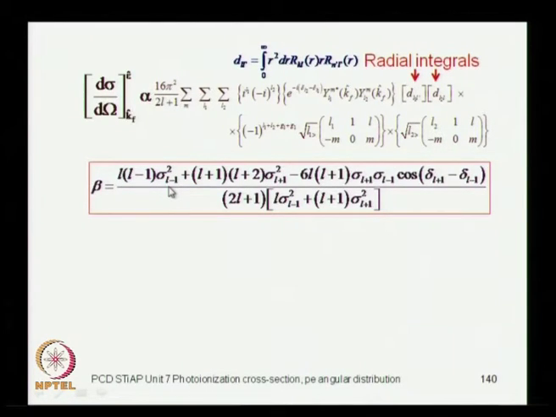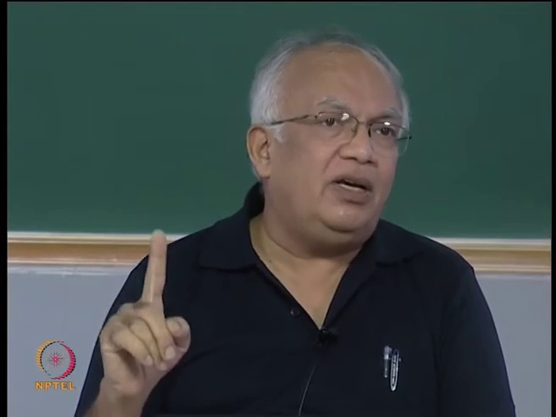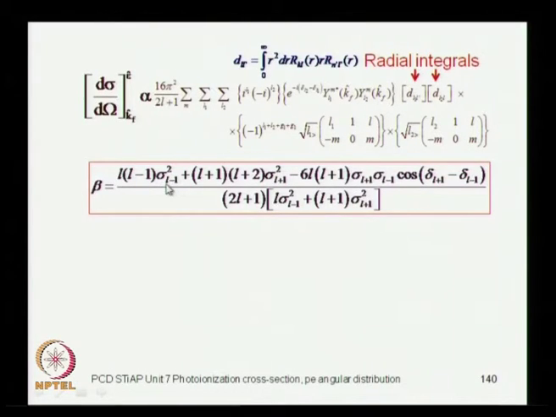So, sigma L minus 1 is the radial integral from L to L minus 1, that is the transition to the final state in the continuum whose orbital angular momentum quantum number is less by 1 compared to that of the initial state. So, there is a term in sigma L minus 1 square, there is a term in sigma L plus 1 square, and there is a cross term in sigma L plus 1 and sigma L minus 1.